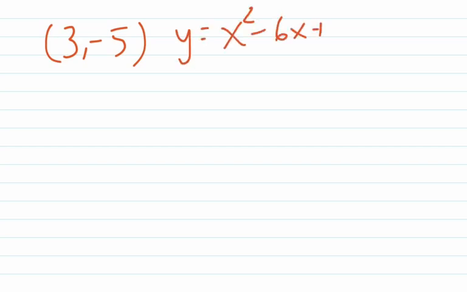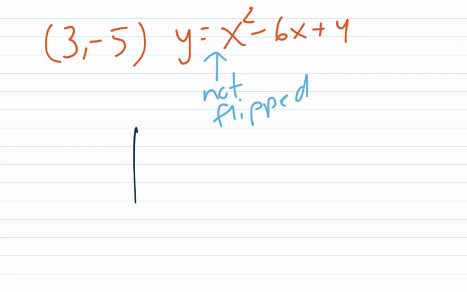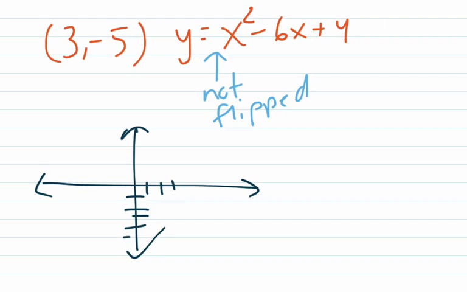All right, so let me copy the 3, negative 5. And the equation was y equals x squared minus 6x plus 4. Now, this is not flipped because there's no negative out front. So if I were to do a quick sketch of this, I would do 1, 2, 3, 1, 2, 3, 4, 5. Here's my vertex, and it's not flipped.